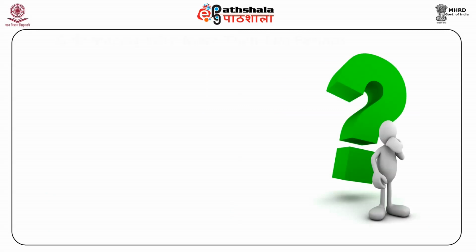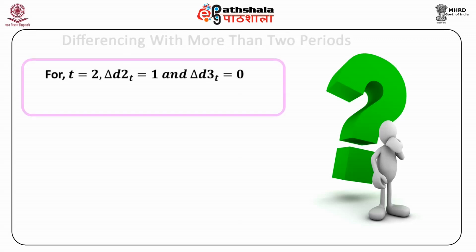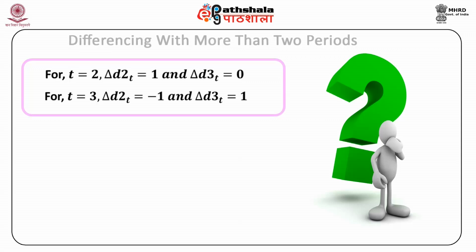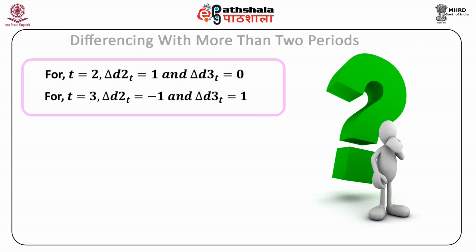Equation 9 contains the differences in the year dummies d2_t and d3_t, while for t equal to 2, delta d2_t is equal to 1 and delta d3_t equal to 0. Similarly, for t equal to 3, delta d2_t is equal to minus 1 and delta d3_t is equal to 1.